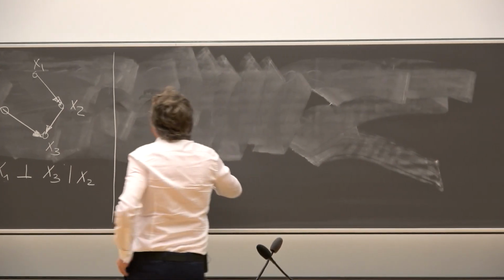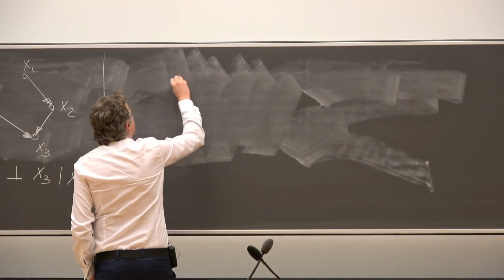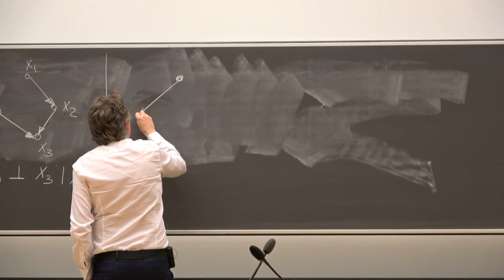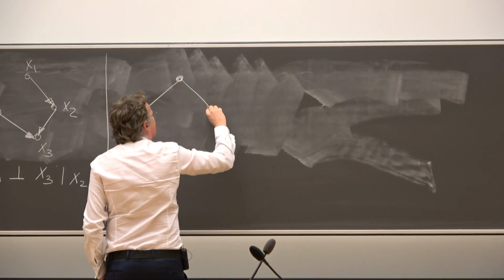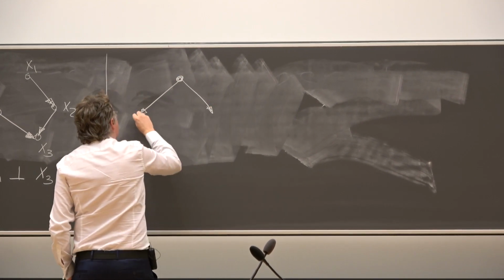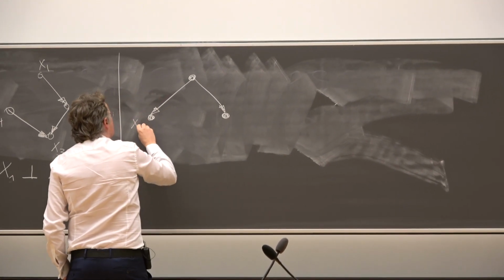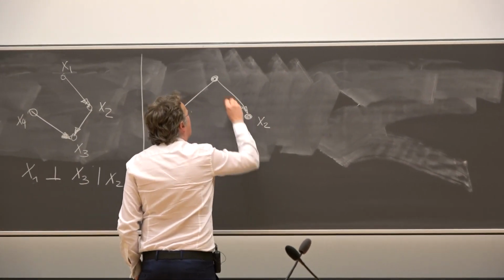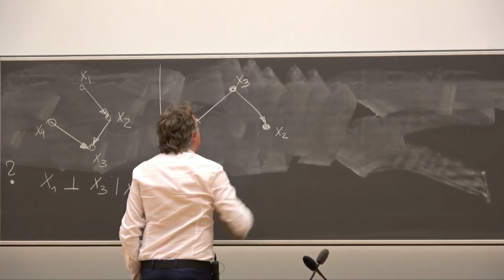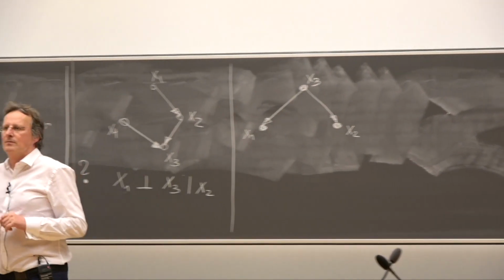So what are the 3 examples? The 3 generic examples are like this. The first example is this: I have x1, x2, and x3, and I have that relationship.